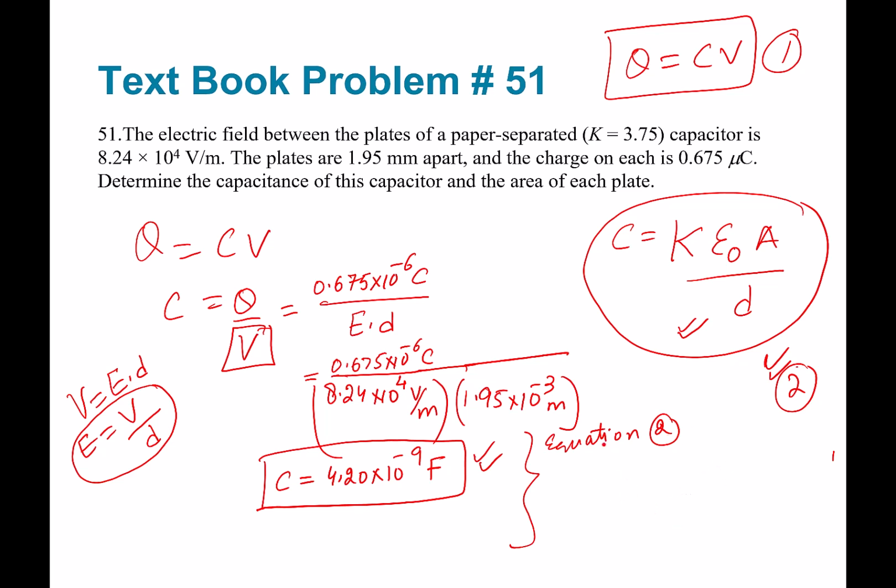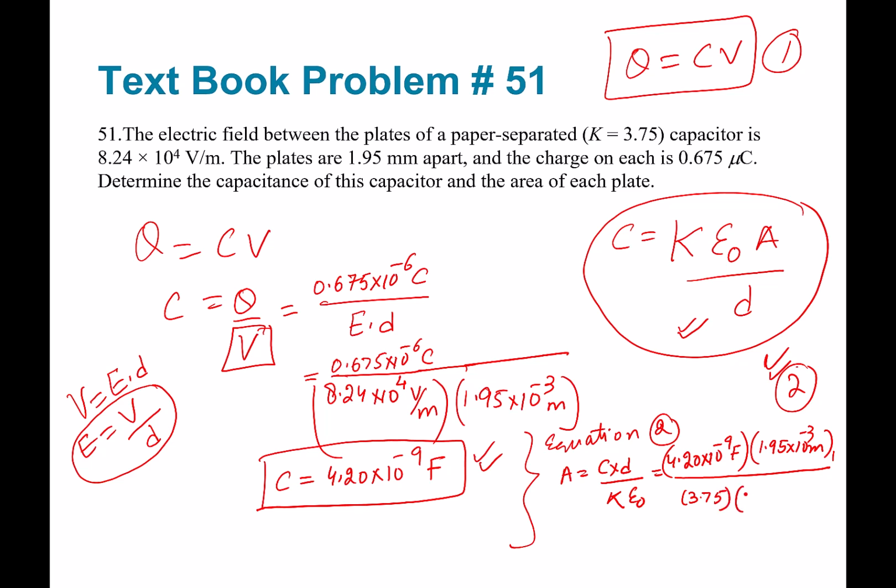So rewriting, area is C times D over K epsilon naught, and C is 4.20 times 10 to the power of minus 9 farads multiplied by the distance of separation, 1.95 times 10 to the power of minus 3 meters, whole divided by K, where K is given as 3.75.